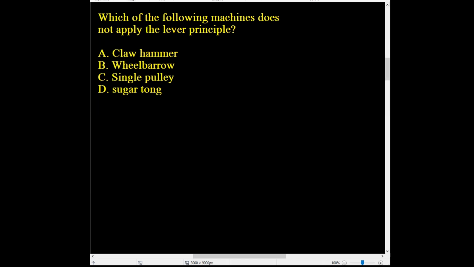Which of the following machines does not apply the lever principle?